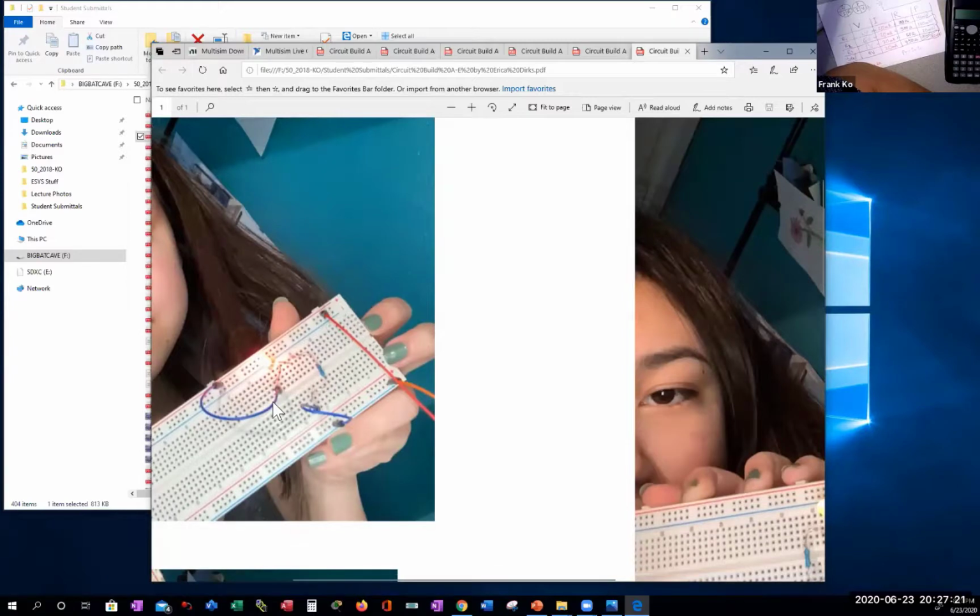So from the positive rail, we have a blue wire, goes to a wire to the LED, LED wire makes a connection to the resistor, resistor makes a connection over to this blue wire, the blue jumper jumps over to the negative rail, boom, it's a complete circuit. I can see everything. So it does not have to be with your pre-cut, pre-bent wires.